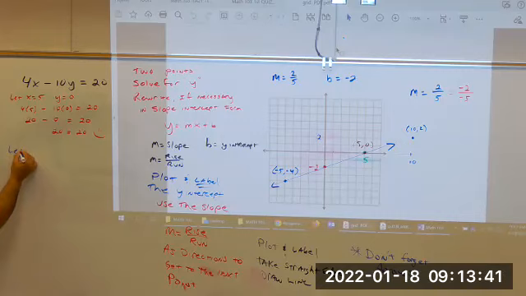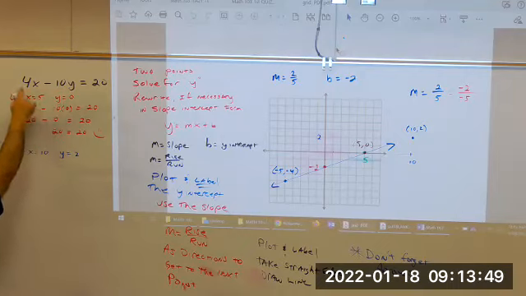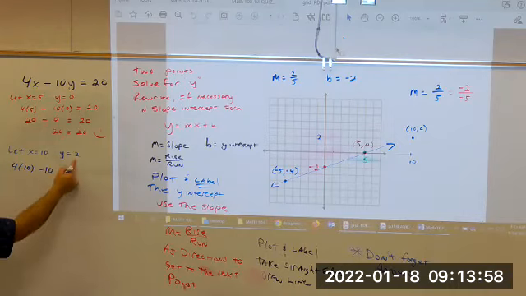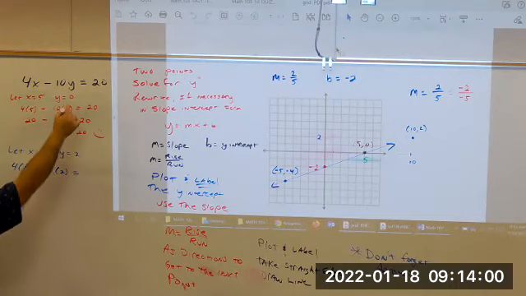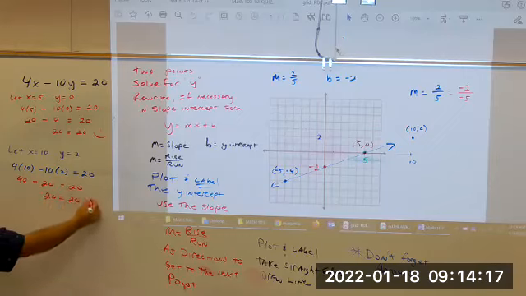That means if I plug 10 in for x and y is a 2, it's going to make this equation work. 4 times x is now 4 times 10, minus 10 times y, minus 10 times 2, is supposed to equal 20. 4 times 10 is 40, minus 10 times 2 is 20. 40 minus 20 works, because that point is on the line.